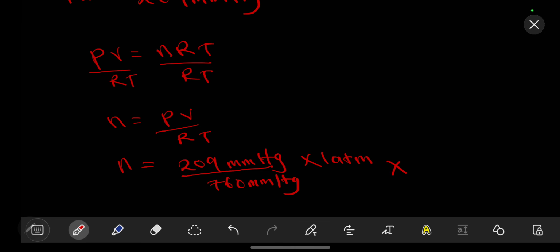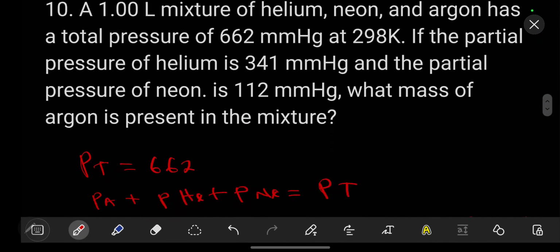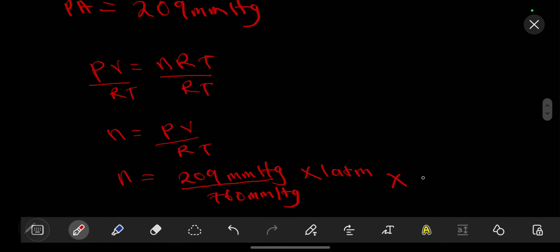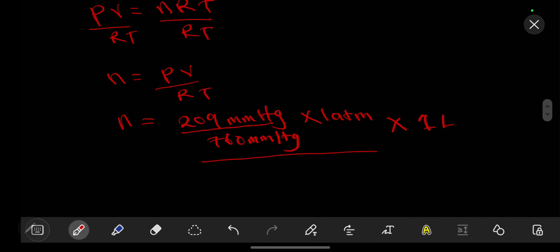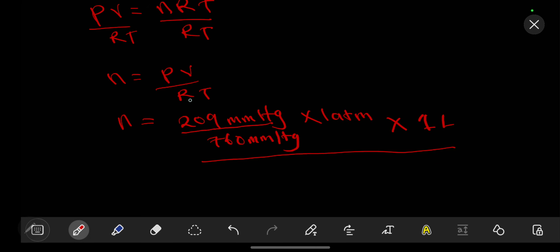According to the law on partial pressure, the volume is taken as if the gas was alone in the container. So this 1 liter, we are going to assume that the gas will occupy the whole 1 liter. So 1 liter, then over our R value, our universal gas constant, which is 0.08206, times our temperature.